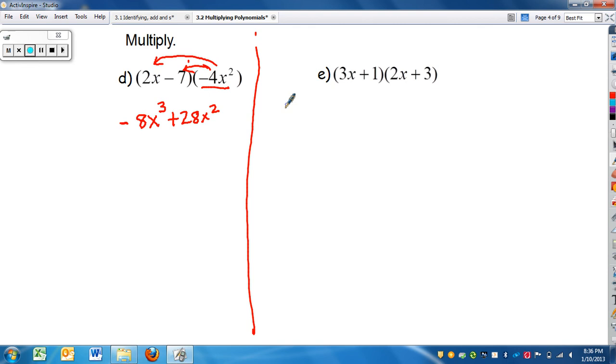So the first method I'm going to show you is called the distributive property, which is where you, like, I just saw the distributive property. However, I like to consider it as the double distributive. So here we have 3x. 3x is going to be distributed to both terms in the second polynomial.